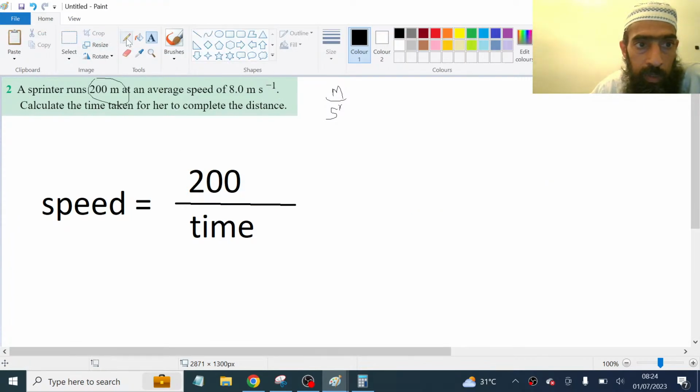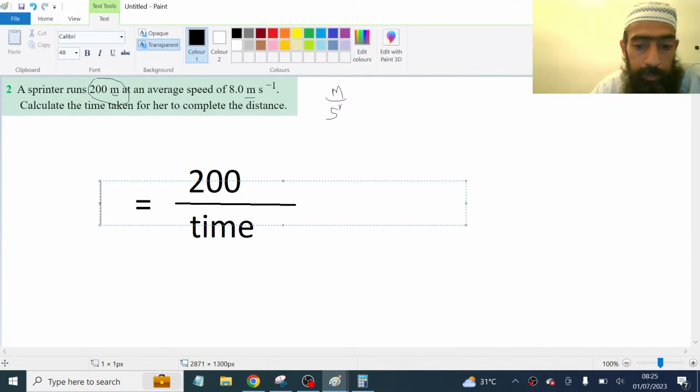So the important thing is that meter and meter per second, that is consistent, that matches. If that didn't match, then you'd have a problem, but just make sure it matches. Meters and meters is the same in both parts. Meters per second, so it's 8 is the number, so we can put 8 here for speed.